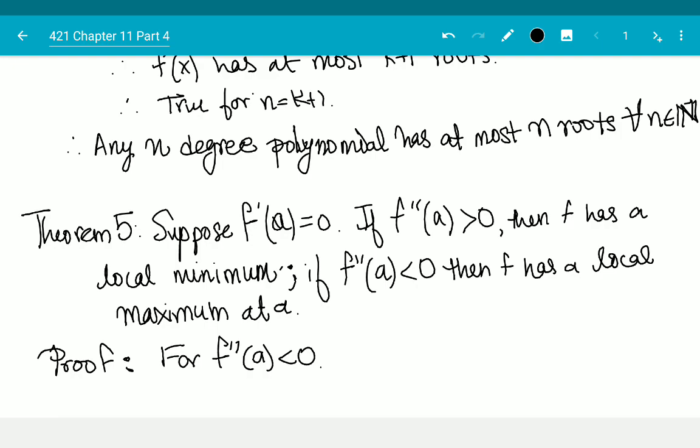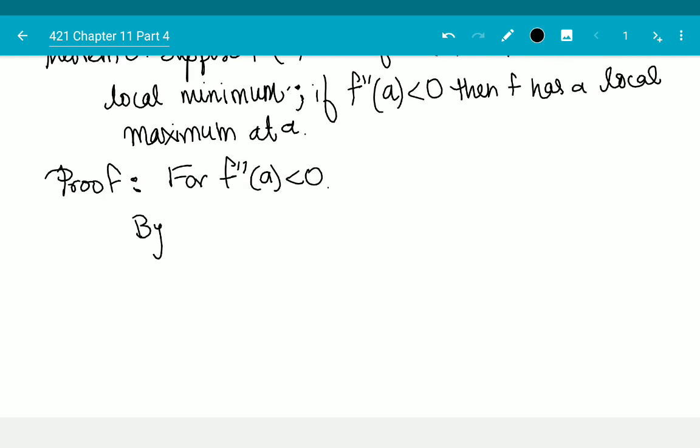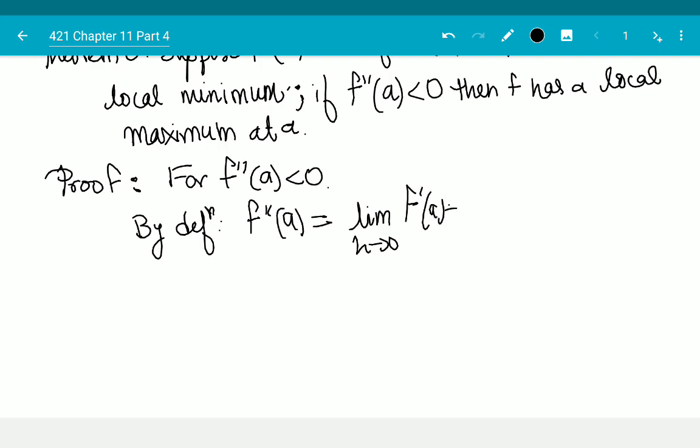Okay, so by definition, f double prime of a is the limit as h goes to 0 of f prime of a plus h minus f prime of a, all over h, right?